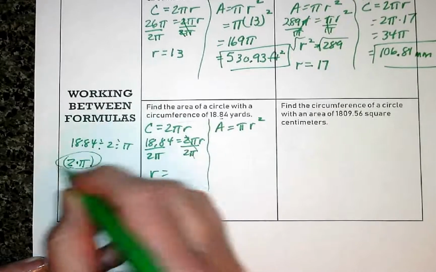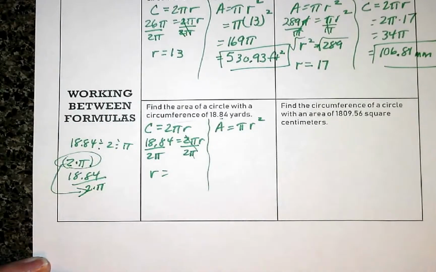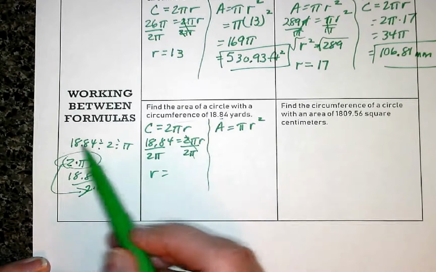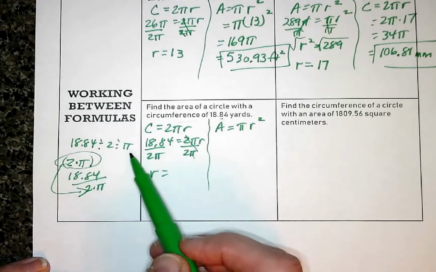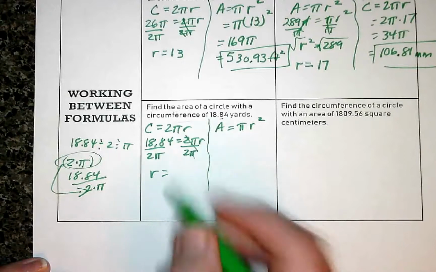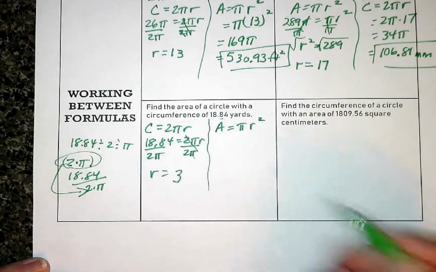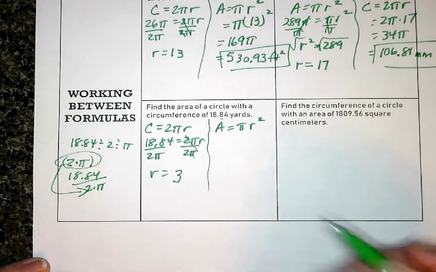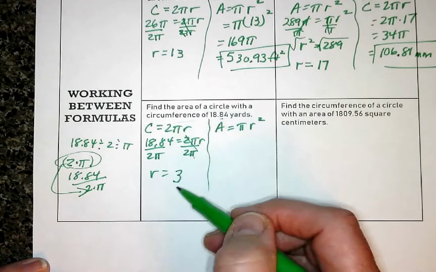Whatever that answer is, you have to write it down or remember it, and then you divide it. This is probably the shortest way to do it, but either way would work. So when I divide that out, I get approximately 3. Okay? So my radius of this circle that we're talking about is 3.